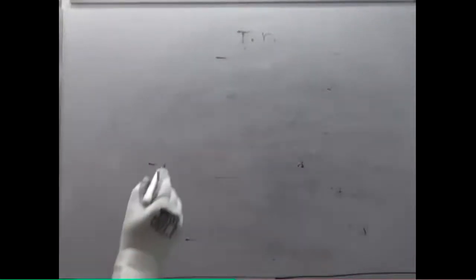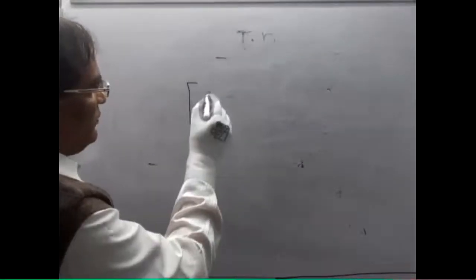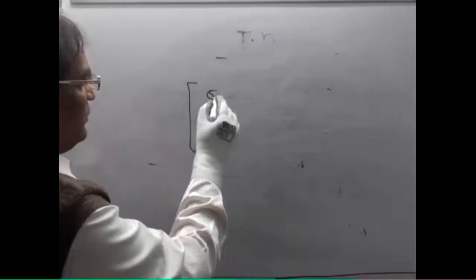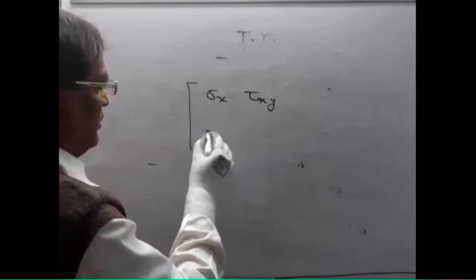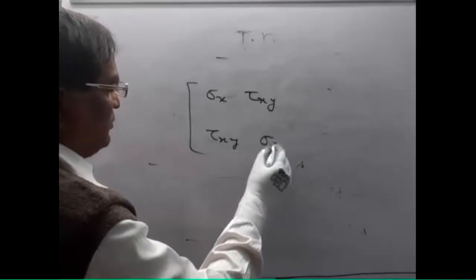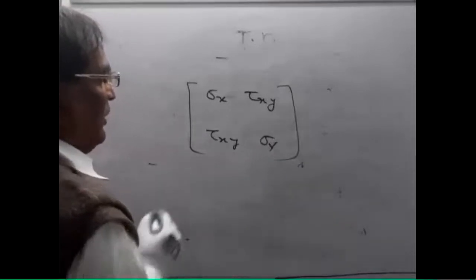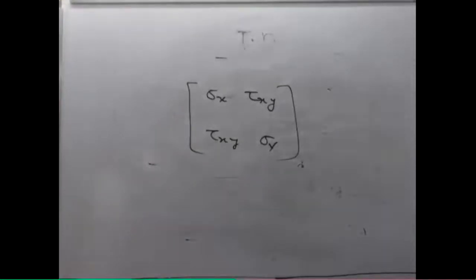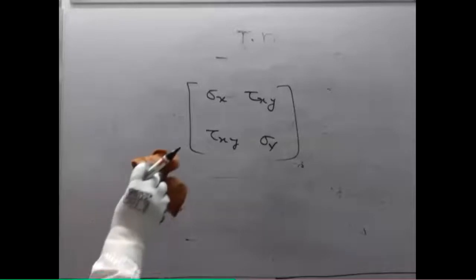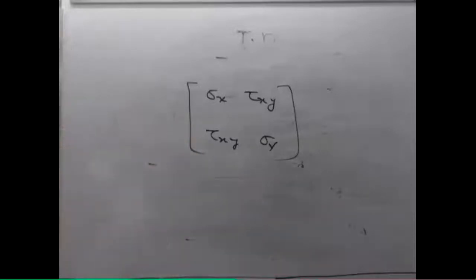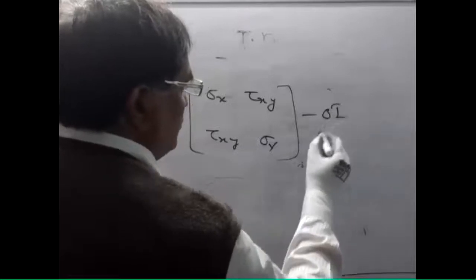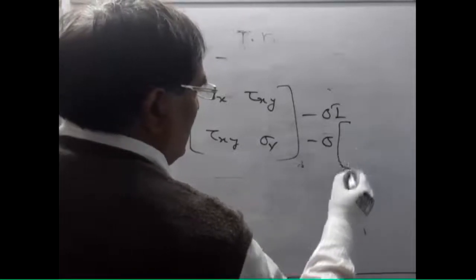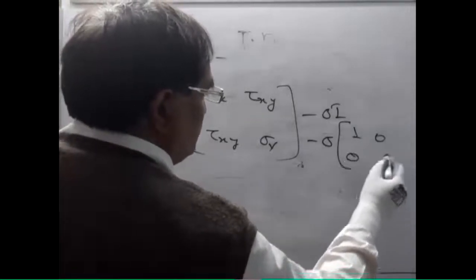So two-dimensional stress, as far as it is concerned, you have been given the sigma x, tau xy, tau xy, and sigma y. Okay, and now how to find out the principal stresses? You have to go minus sigma I. So that will be minus sigma times 1 0 0 1.